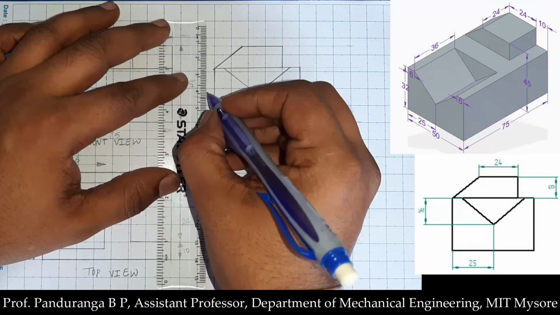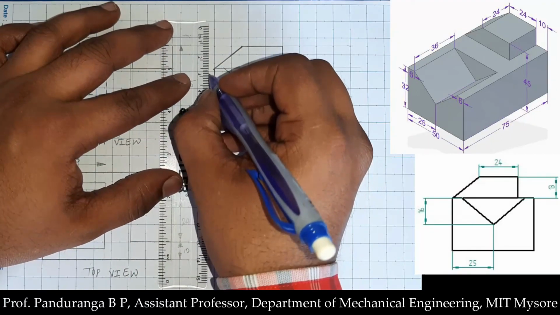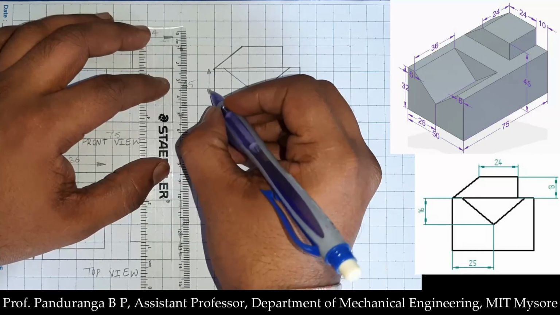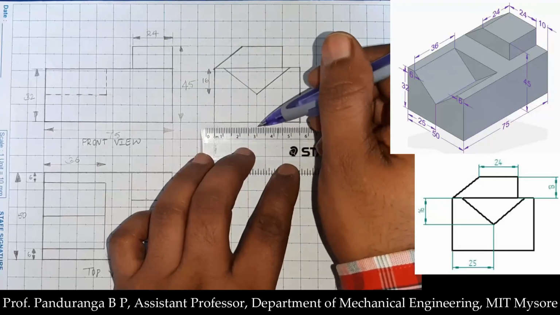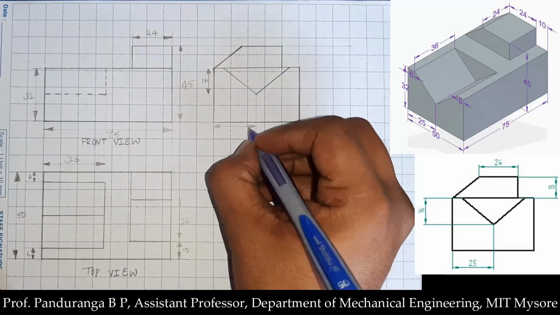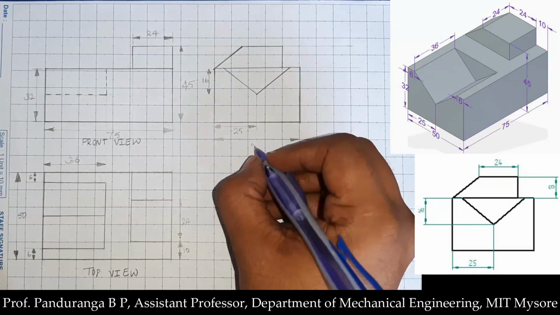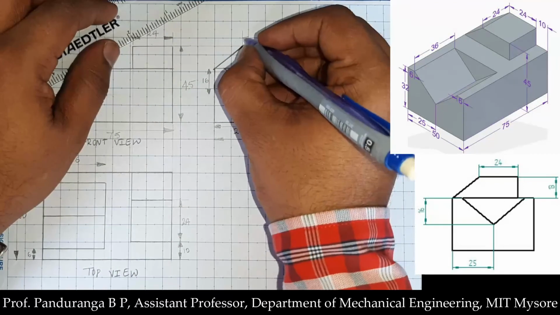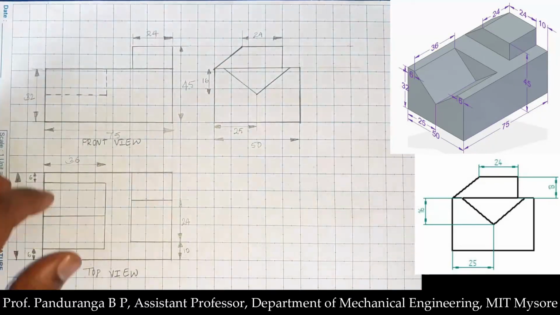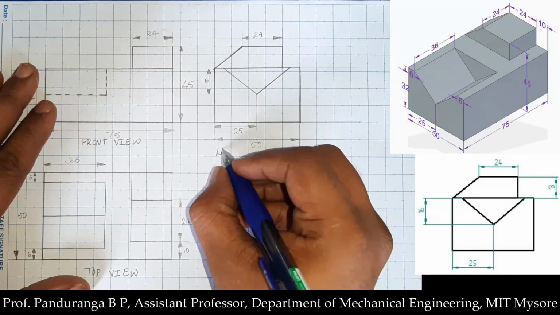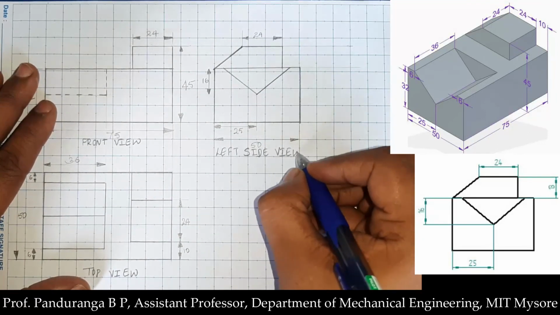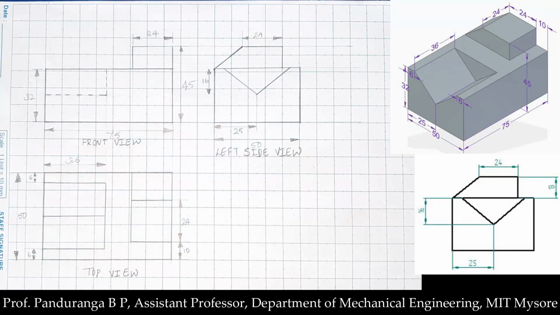We'll show this dimension. This height is 16 millimeter. Now we are done with the construction. I'll just write this as, this completes the construction in your sketchbook.